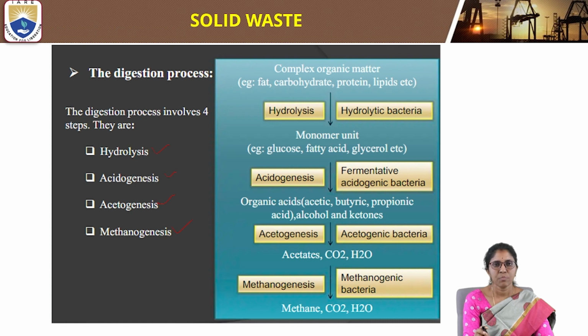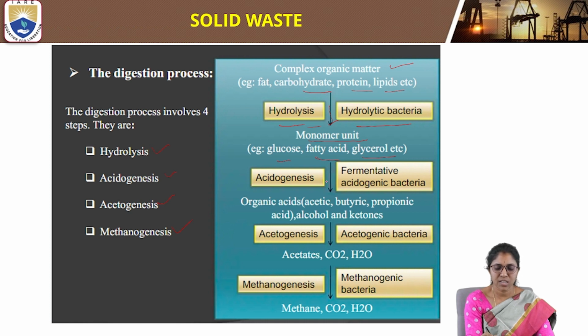First, the complex organic matter, for example fat, carbohydrate, protein and lipids, is taken in large fermentation tanks. The first step is hydrolysis, which takes place in the presence of hydrolytic bacteria. The complex organic matter is converted into monomeric units, for example glucose, fatty acid, glycerol, etc.